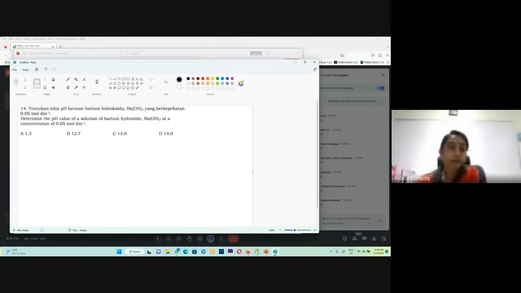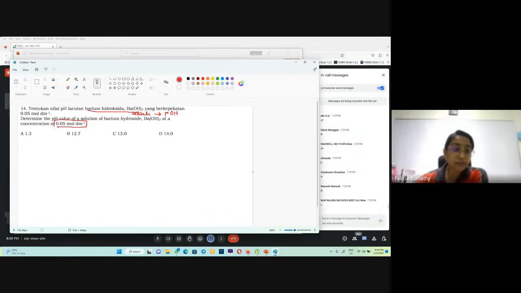Okay, so the first step is to look at the solution. You know this is an alkali. For an alkali, pOH must be determined first. And then you see the concentration given is 0.05.